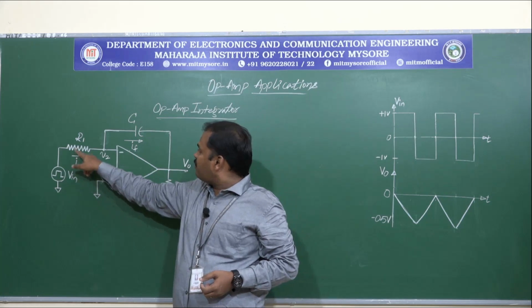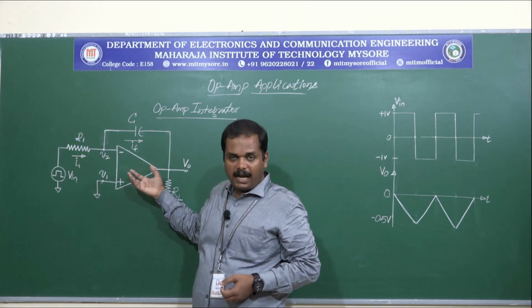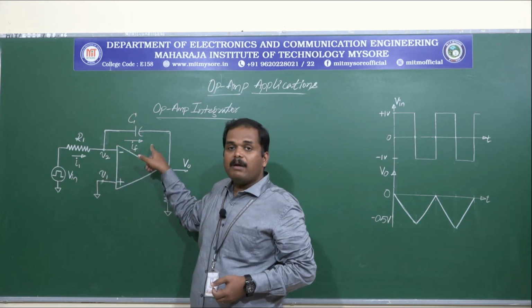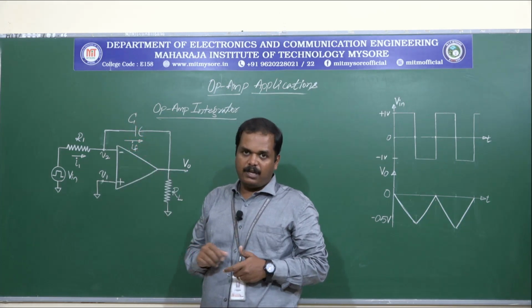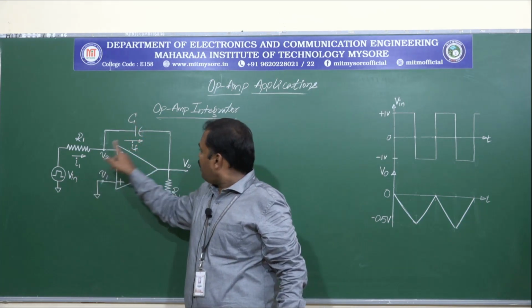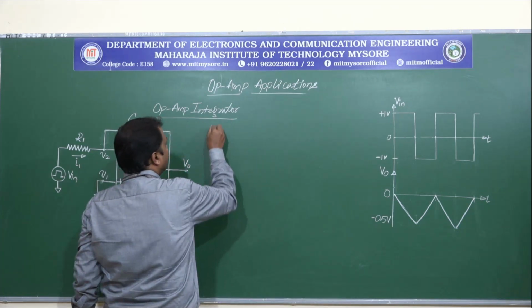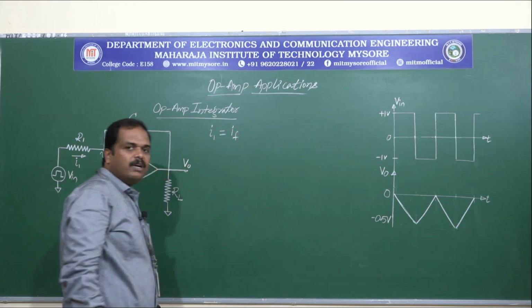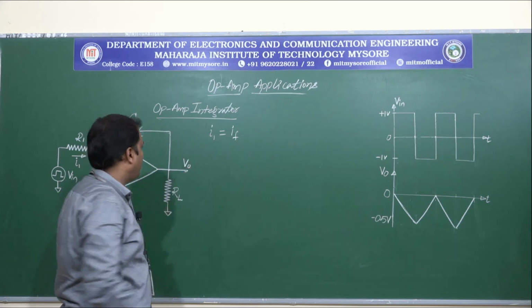The current I1 coming through R1 cannot get into the op-amp because of the high input impedance, so it flows through the feedback path charging this capacitance, and we'll call this current IF. So I1 is equal to IF. Let us equate these two.